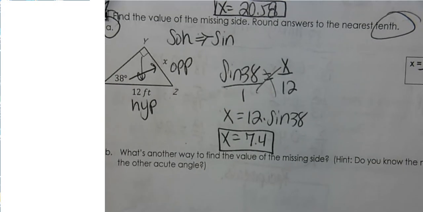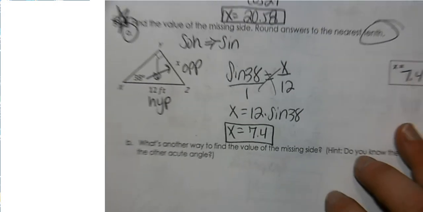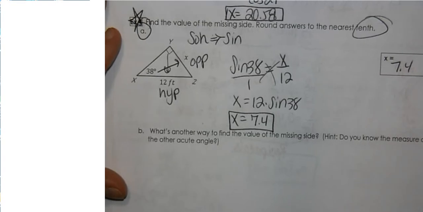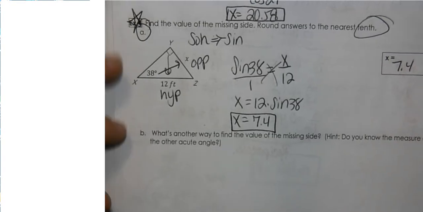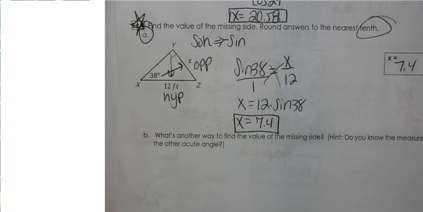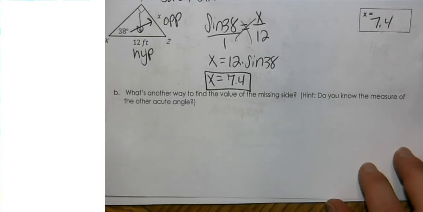All right, so now we want to figure out another way to find the value of the missing side. So this is a little bit different. What would be something that we could use? My hint for you is, do you know the measure of the other acute angle? Could we find the measure of the other acute angle?